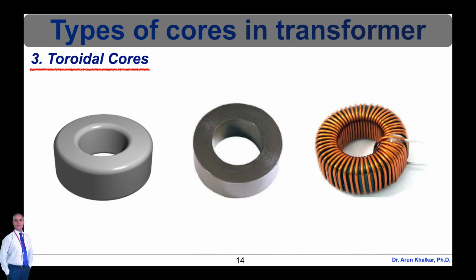The closed ring shape eliminates air gaps inherent in the construction of an EI core. The cross-section of the ring is usually square or rectangular, but more expensive cores with circular cross-sections are also available. The primary and secondary coils are often wound concentrically to cover the entire surface of the core.